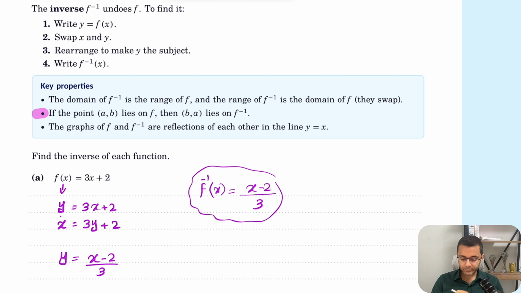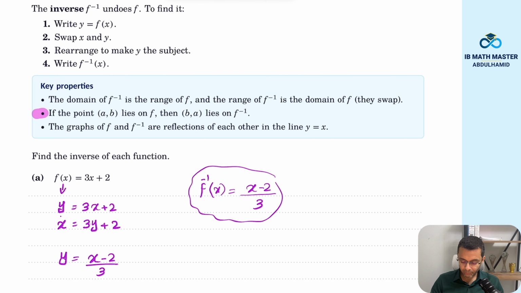It says if a point (a, b) is on the function f, then (b, a) will be on the inverse, f negative 1. What does that mean? It means that in one of the steps, we swapped x and y. That's why the point will swap as well between x and y, or a and b.